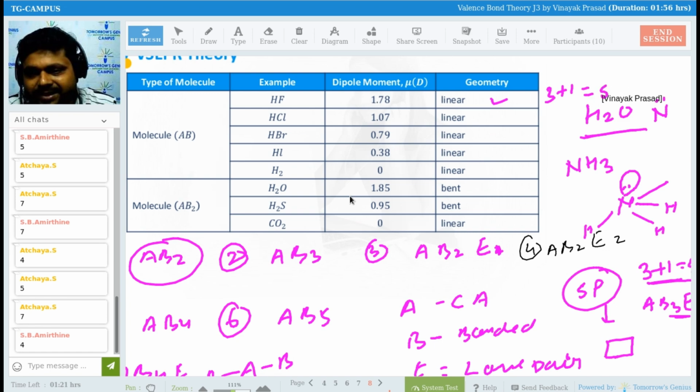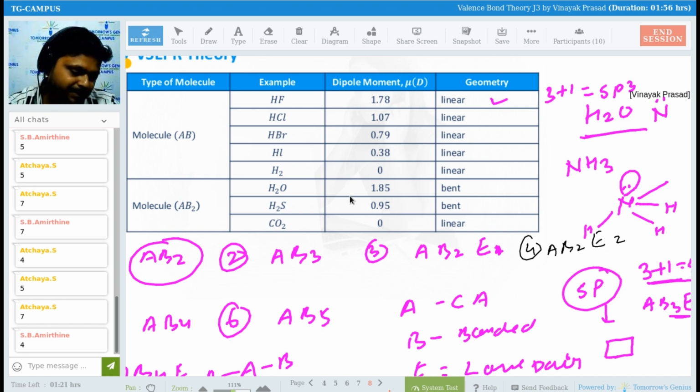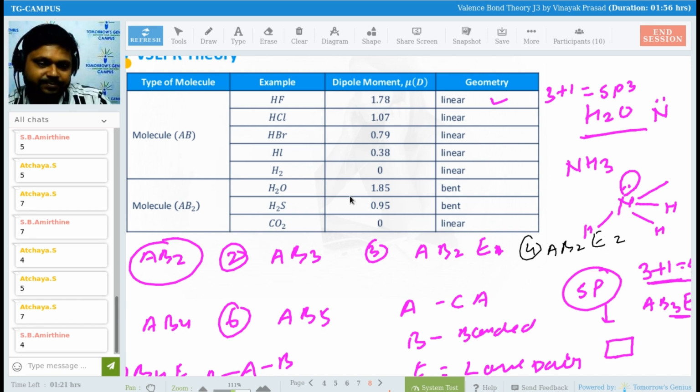So it can be sp, s1, and 3 more will be there. So can we write it as sp3? Yes or no? First tell me this. How many of you are saying that sp3 will be the hybridization for this? Are you really comfortable and confident?